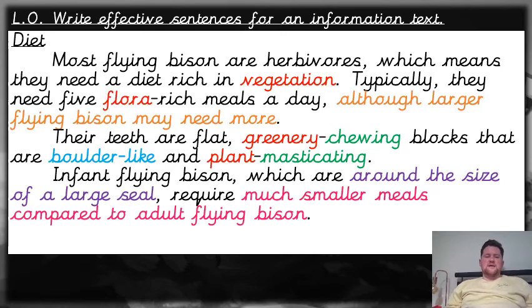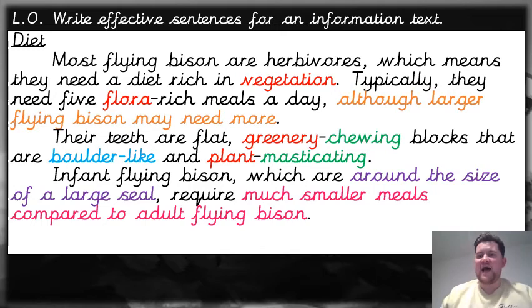So, diet. Most flying bison are herbivores, which means they need a diet rich in flora, a diet rich in herbage, a diet rich in vegetation. Typically, they need 5 herb-rich meals a day, plant-rich meals a day, veg-rich meals a day. Although larger flying bison may need more.